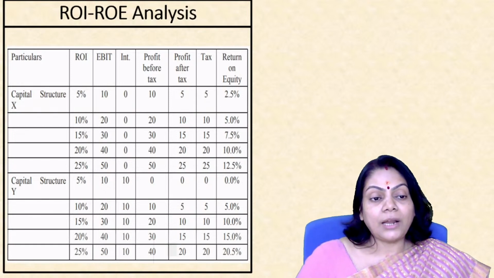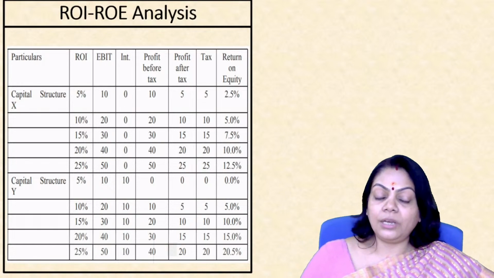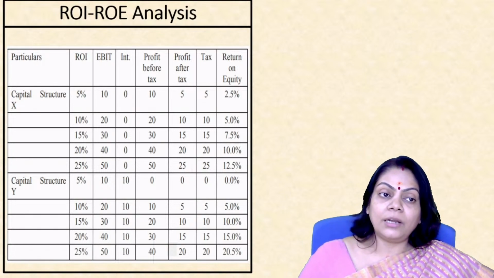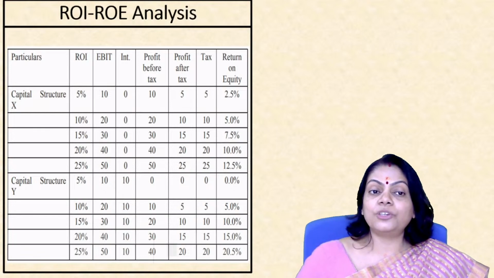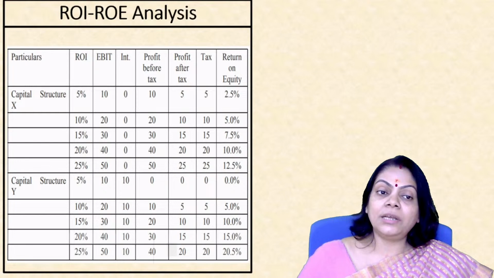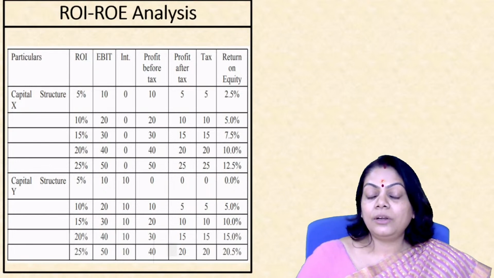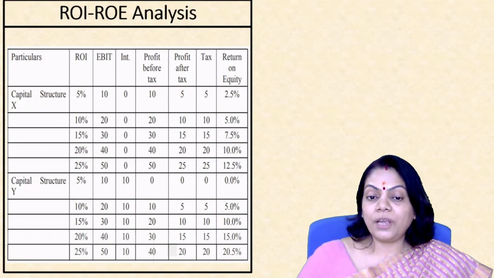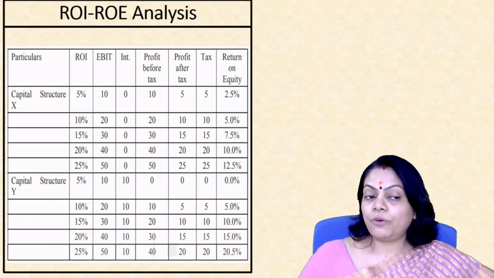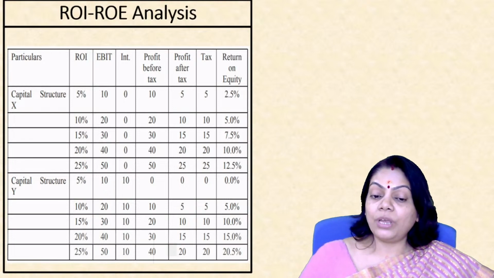Now the ROIs are the same for both these farms, the starting ROI is 5, 10, 15, 20, 25. Similar is for Y. But remember, farm X has no debt, so no interest. Even if the tax rates are the same and the ROIs are the same, look at the resulting return on equity of X, that is 2.5, 5, 7.5, 10, 12.5 for farm X. Whereas the return on equity of farm Y is quite different.